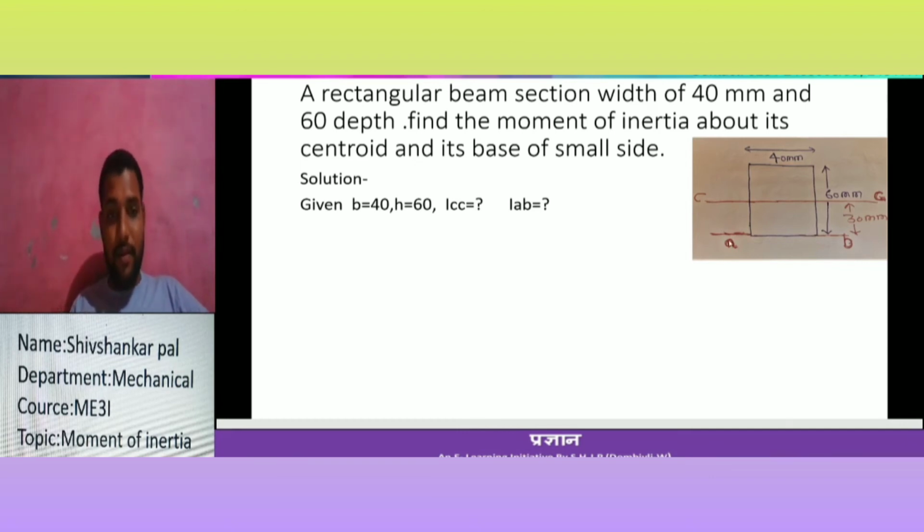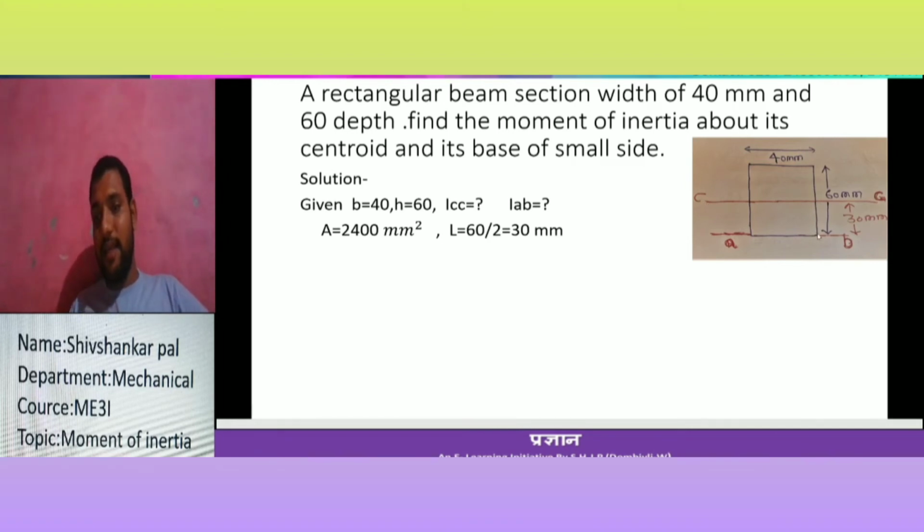The area is length into breadth, 60 into 40, which is 2400. Suppose this is the centroidal axis CC. For the base, the distance from the centroidal axis is half of the height, 30 mm. So L, the length between the CC axis and the AB axis, is 30.